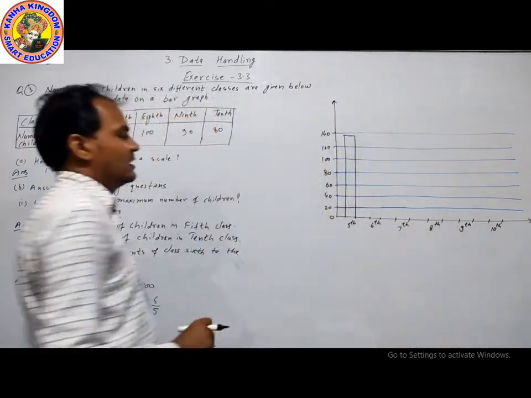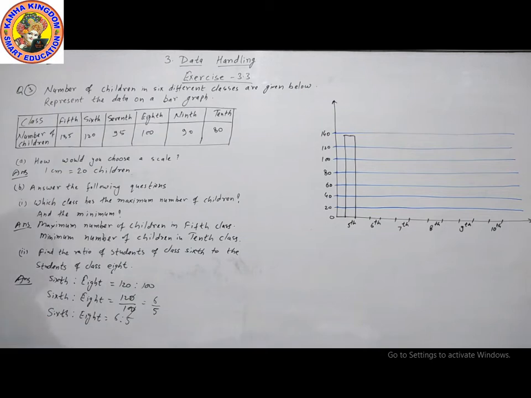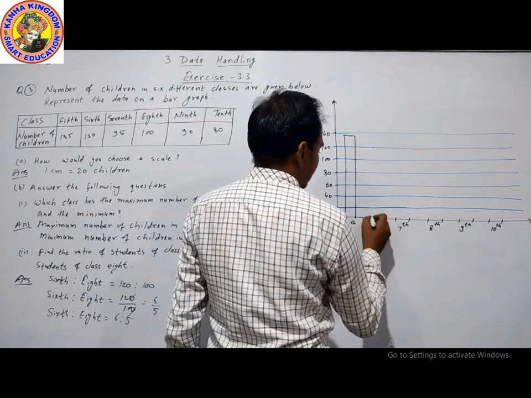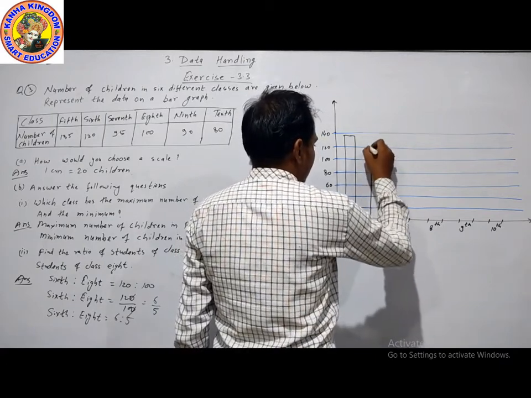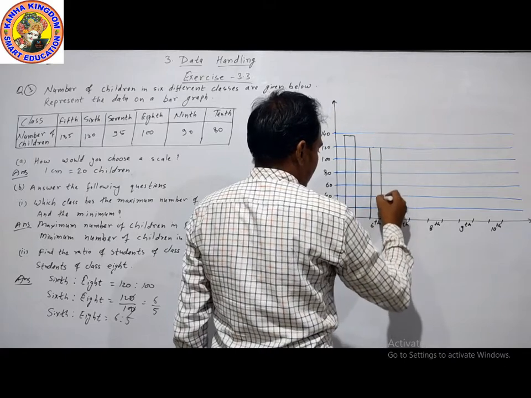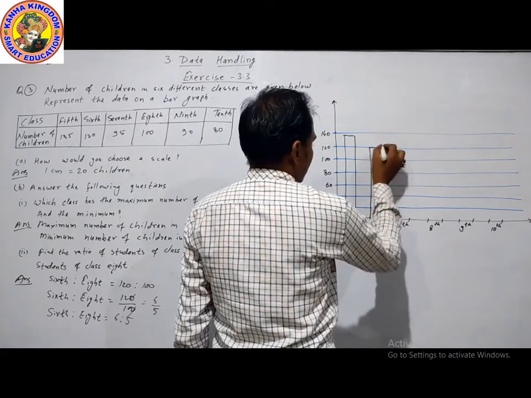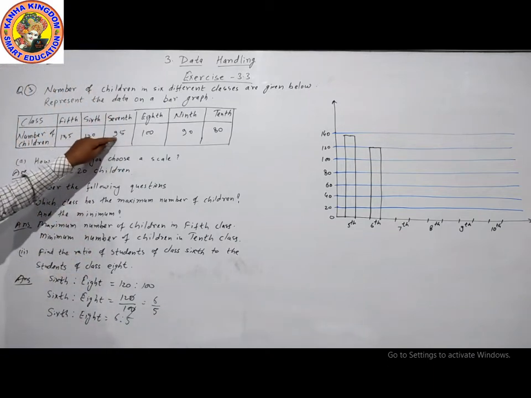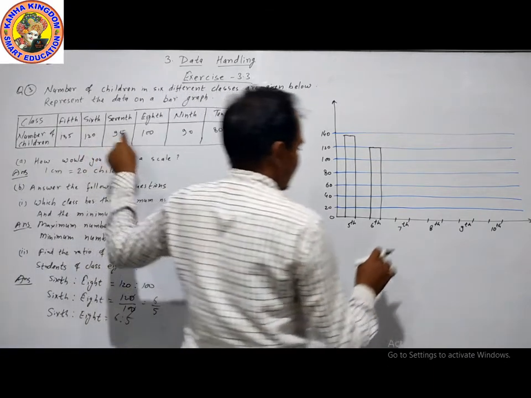In 5th class there is 135. In 6th, 120. Here is 120. This is over 120.